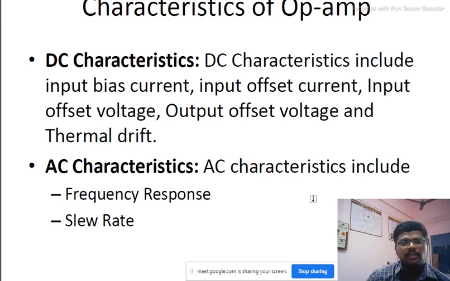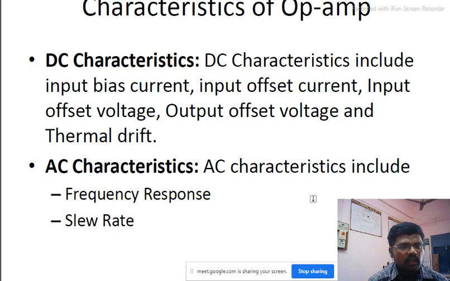DC characteristics include input bias current, input offset current, input offset voltage, output offset voltage, and thermal drift. These are the different characteristics in the DC characteristics of operational amplifiers.